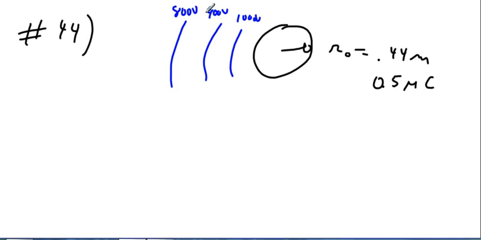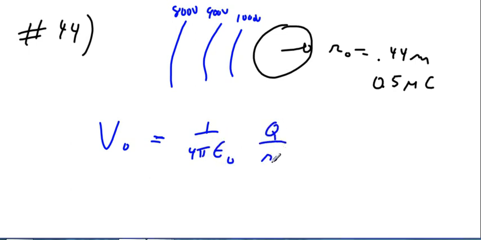Okay, so we know that voltage naught, because of this particular thing, is going to be 1 over 4 pi epsilon naught Q over R naught. This is the potential on the surface.